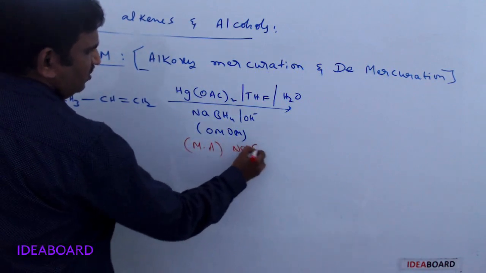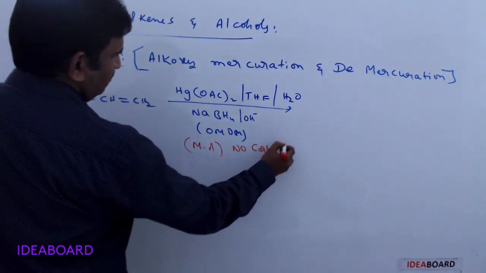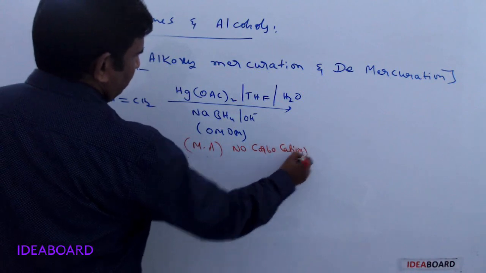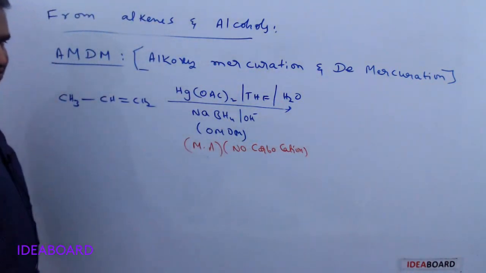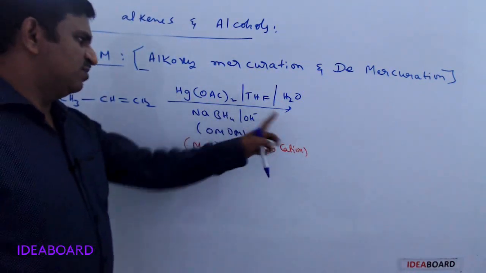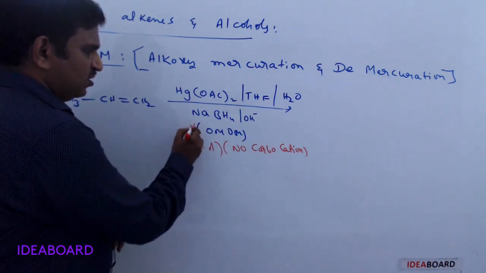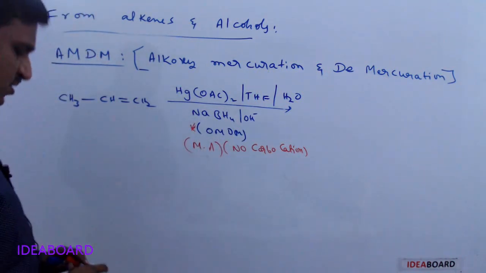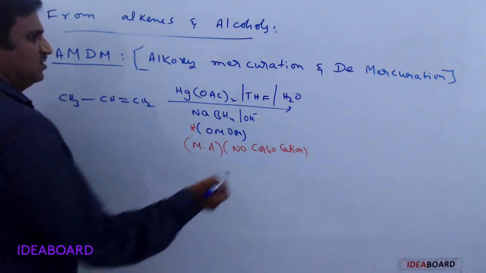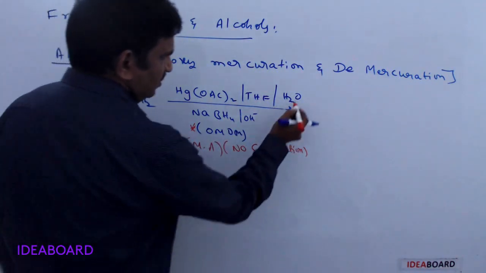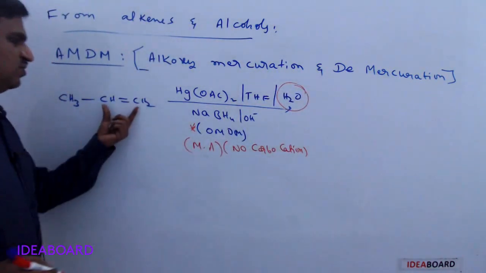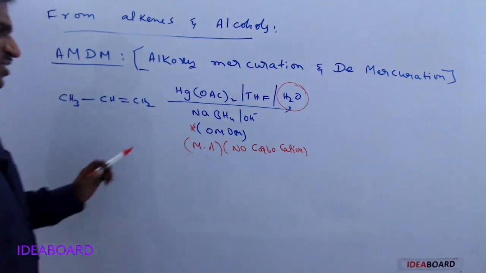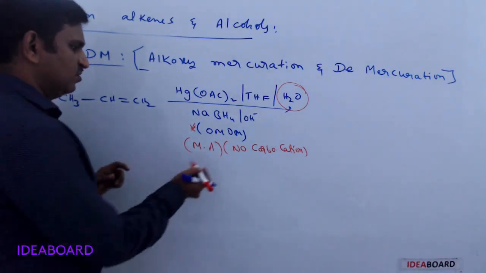No carbocation formation occurs. It is the OMDM reaction and no carbocation formation occurs. What happens finally is the addition of H2O. The addition of an H2O molecule occurs on the double bonded carbon as per the Markovnikov addition rule.